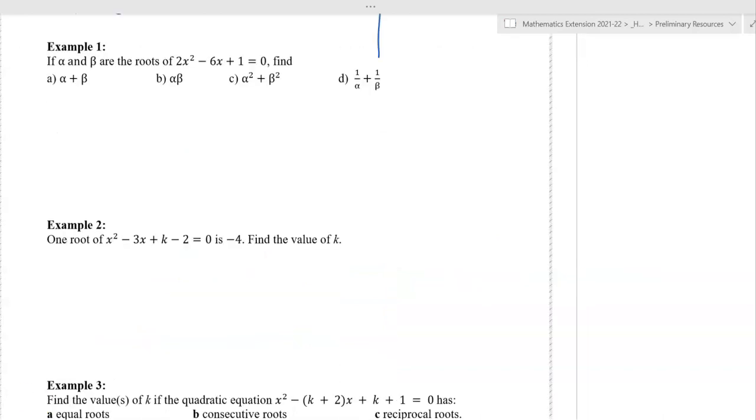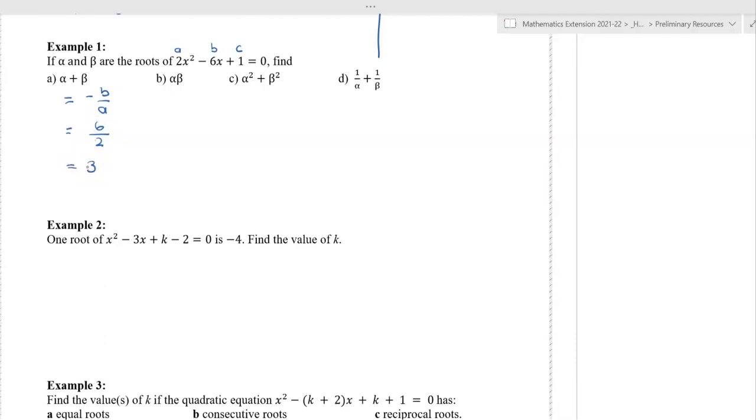So here we're told that alpha and beta are the roots of this quadratic. So the first thing I'm going to do is I'm going to write a, b, c. And I'm asked to find alpha plus beta, or the sum of the roots. And we know the sum of the roots is given by negative b on a. So in this case, negative 6 on 2a, so that's 3.